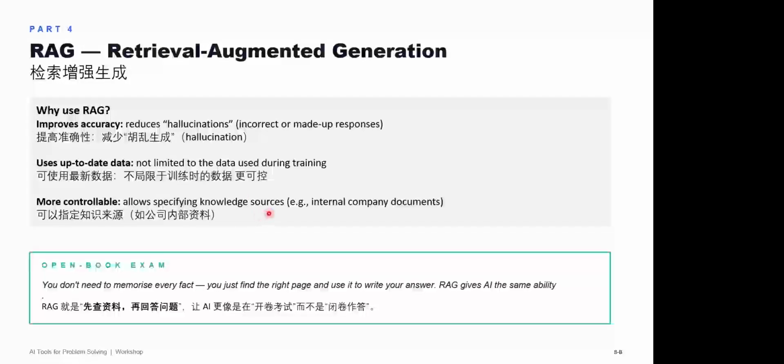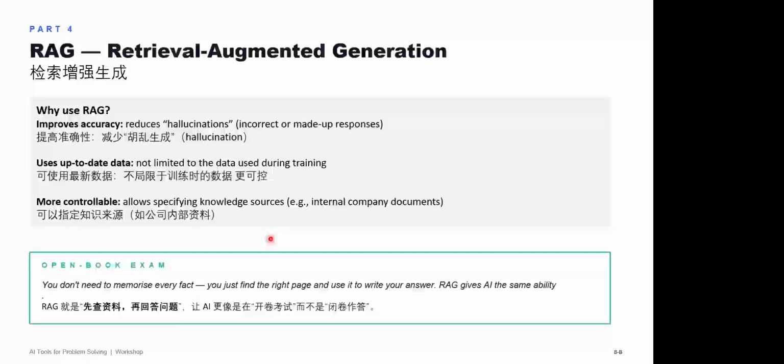So these are why RAG is important, and one of the important terms that you need to know nowadays. It's like an open book exam: you don't need to memorize everything. All you need is to have the book, find the right page, and provide the answer.